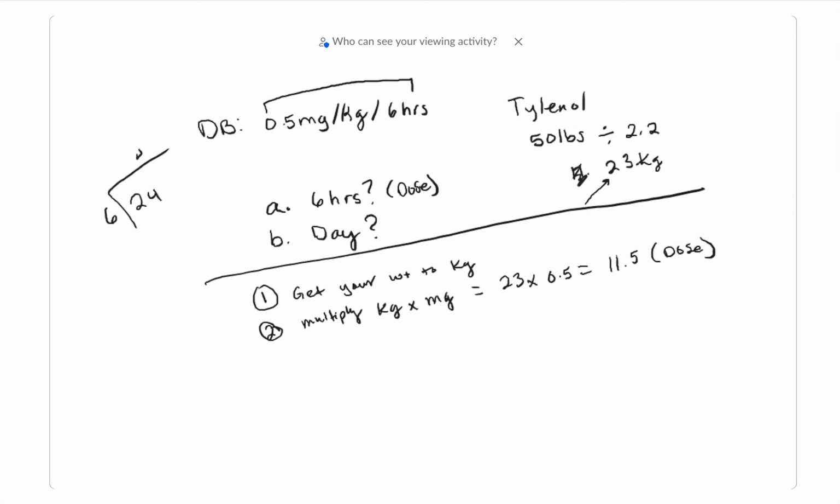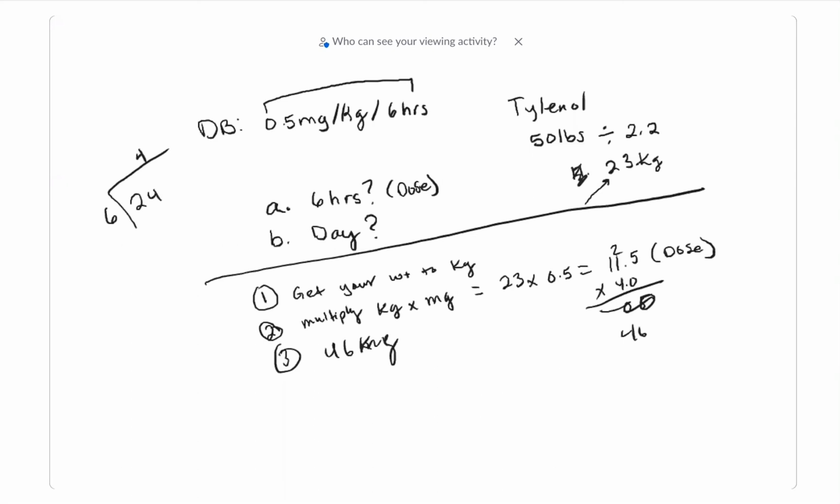That's right. So you get that 11.5 and multiply it by 4. That's going to give you like 46. And that's how much you can give every day: 46 milligrams. Does that make sense?